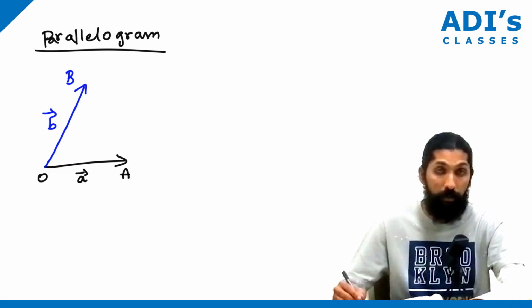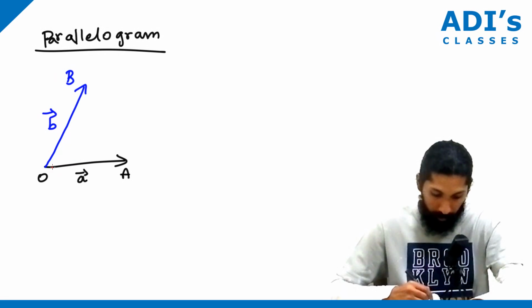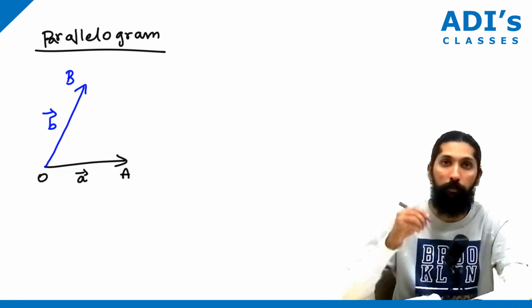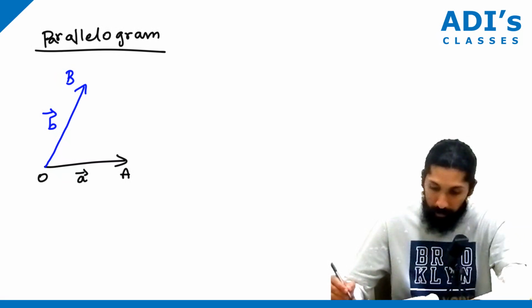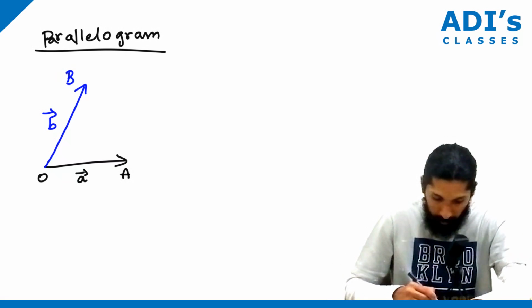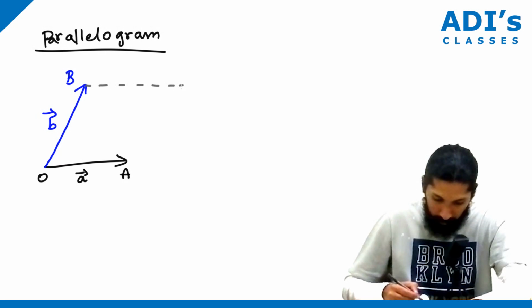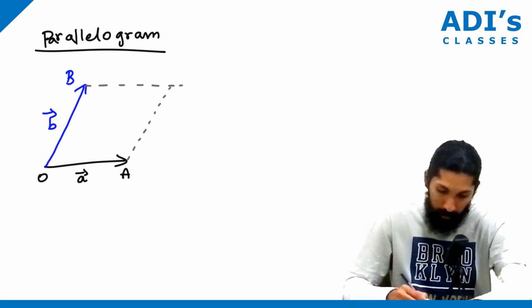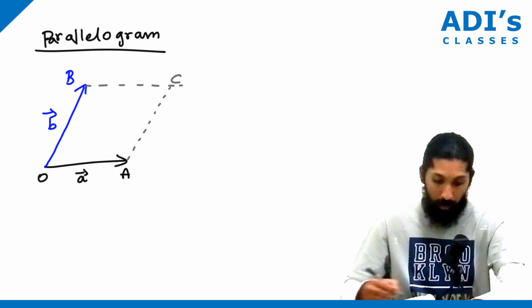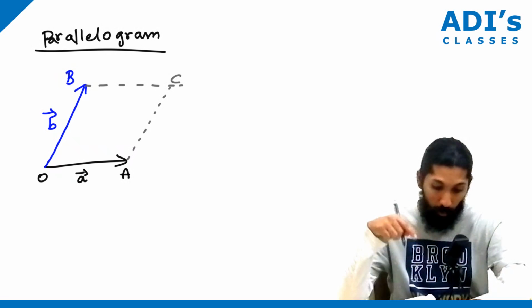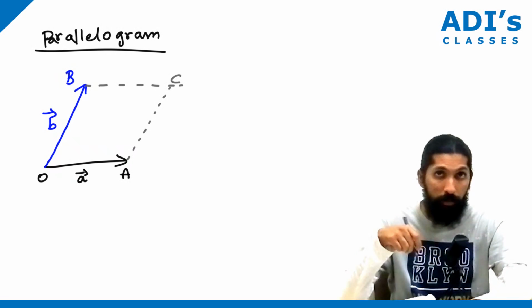Now the resultant of these two is going to be the diagonal of the parallelogram formed by these two. Now what we mean by that? So assume that we are going to take something like this, and say you are going to take one more like this. Say this point is C. Now you have OA, OB are the two sides, and OACB is a parallelogram.